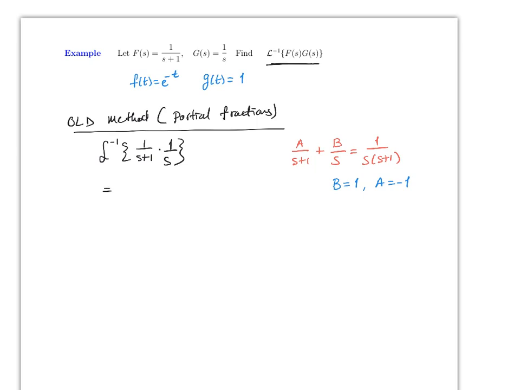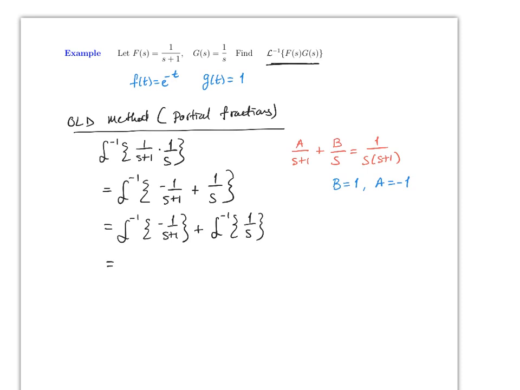So therefore this is the same thing as the inverse Laplace transform of negative 1 over s plus 1 plus 1 over s. Now we know that the inverse is a linear operator, so therefore this is the same thing as the inverse Laplace transform of this one plus the inverse Laplace transform of this one.